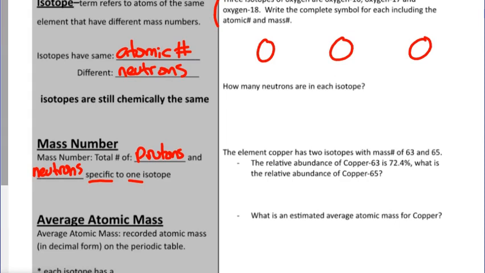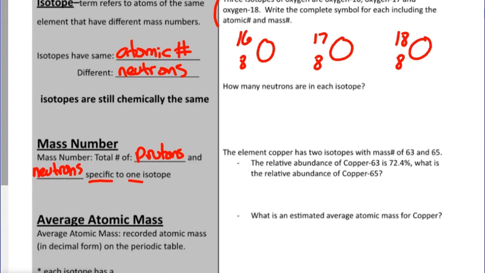And after we located oxygen on the periodic table, we would see that it is the 8th element. So its atomic number, which goes in the bottom left corner, is the same because they all represent an isotope of oxygen. All right, the first isotope is going to have a mass number of 16. The second isotope is going to have a mass of 17. And then the third isotope is going to have a mass of 18.